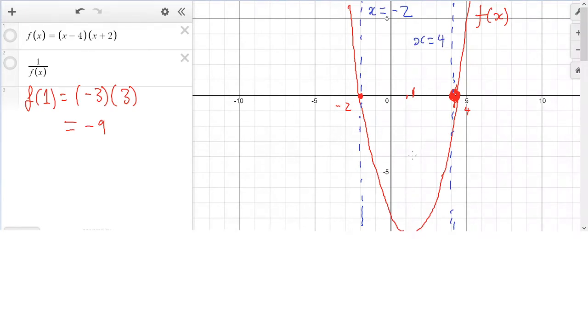Now I'd think about the big values of x. So when I go out here, where x gets bigger than 4, the parabola very quickly gets really, really large. The y values get really, really large. So their reciprocals will be really small. You're dividing by things like 1 divided by 1,000, 1 divided by 1,000,000, right?